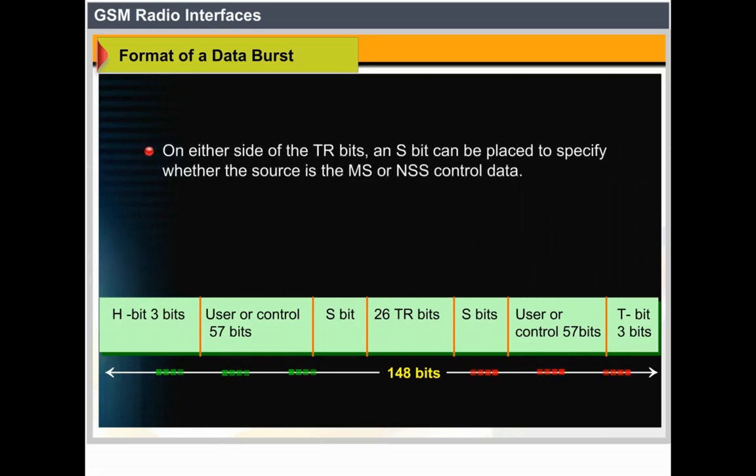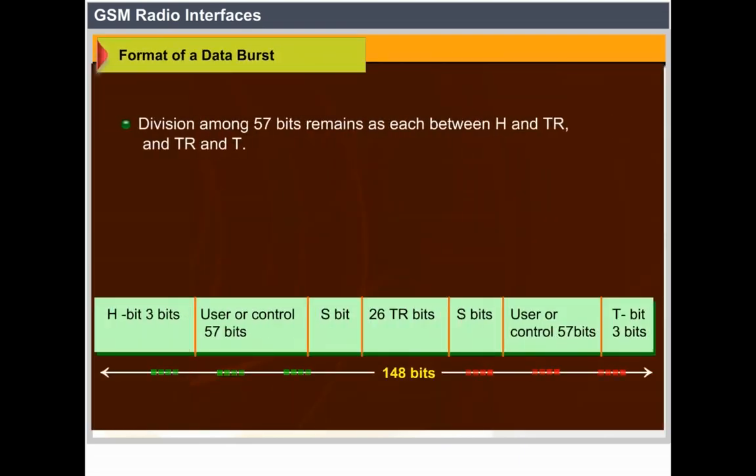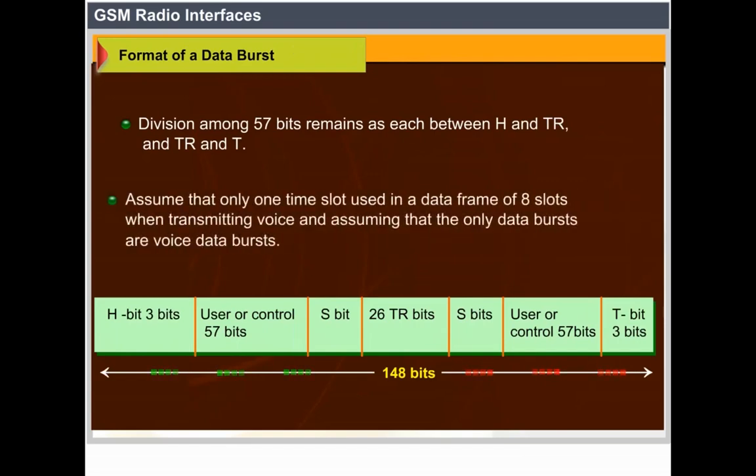On either side of the TR bits, an S bit can be placed to specify whether the source is the MS or NSS control data. Meaningful data bits are 57 after H and 57 before T. Division among 57 bits, each between H and TR and TR and T.